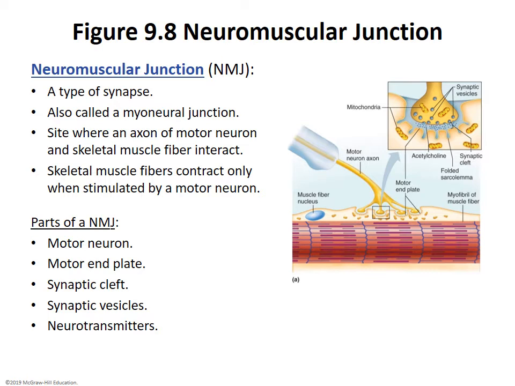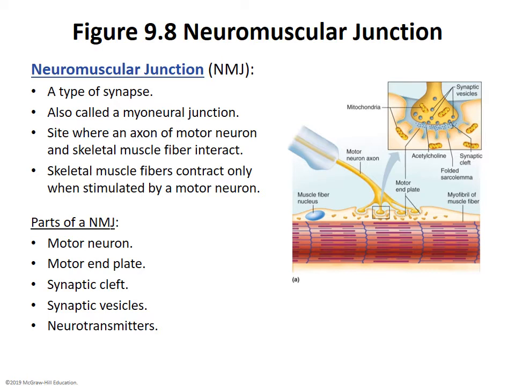All right, so the motor neuron comes in. It will have a bulb, a synaptic bulb they're called, at the end of an axon. And it is going to fit into a little indentation inside the sarcolemma. Again, it won't touch it. It fits into a little groove, so there'll be a synaptic cleft between the motor neuron and the sarcolemma.